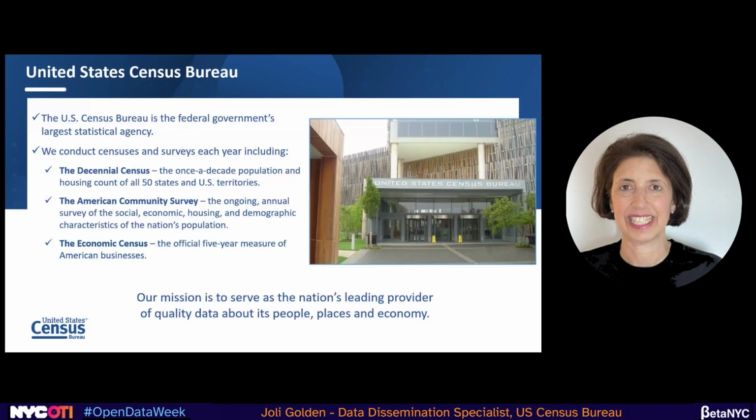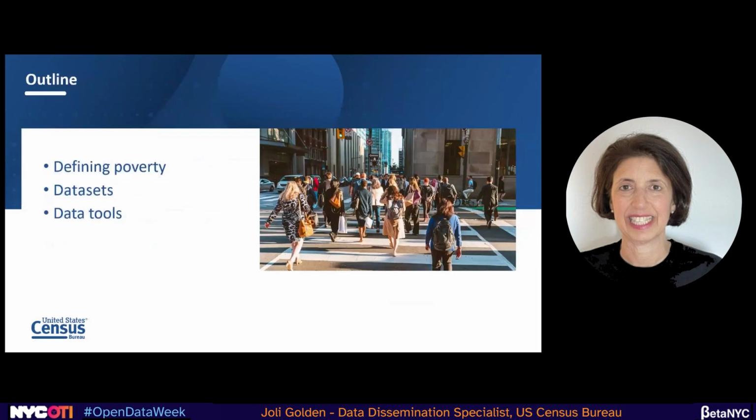So, for example, the Bureau of Labor Statistics releases the unemployment rate, but we are the ones collecting the data. Our mission is to serve as the nation's leading provider of quality data about its people, places, and economy. Now, onto poverty. We'll define poverty, we'll then go into some of the data sets, and we will look at some data tools.